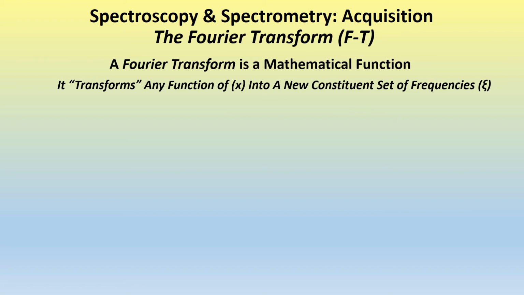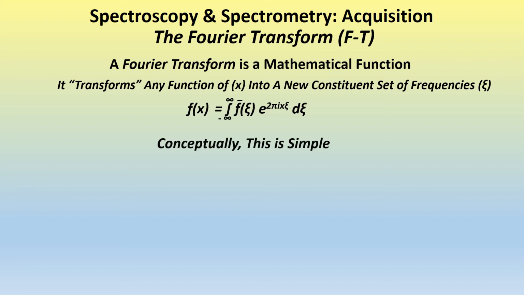It transforms any function of x into a new constituent set of frequencies, eta, where mathematically f of x is equal to the integral from minus infinity to infinity of f bar of eta e to the 2 pi i x eta d eta, where i is the imaginary number. Conceptually, this is simple. For a spectrum, x is time, and eta is the vibration frequency.